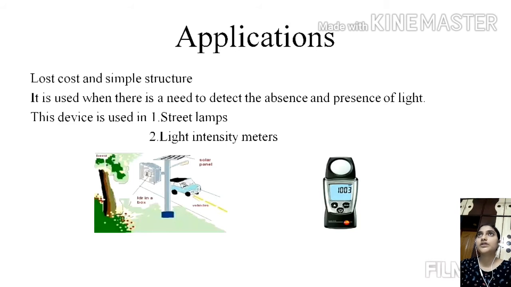If we want to detect light, we can use it in many applications. We can create our own application, like if we need to find out whether a door is opened or closed using an LDR sensor. We can place an LDR sensor inside the door.